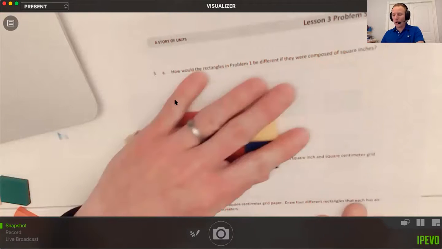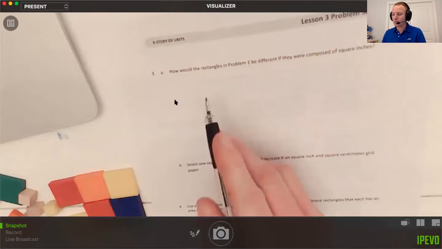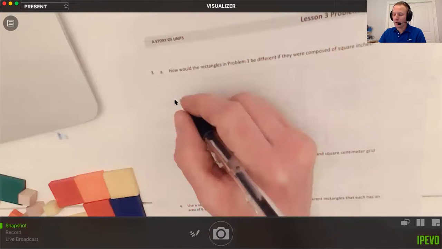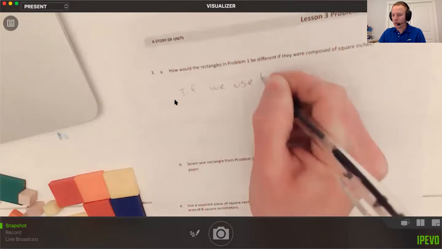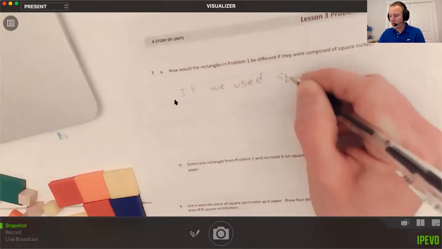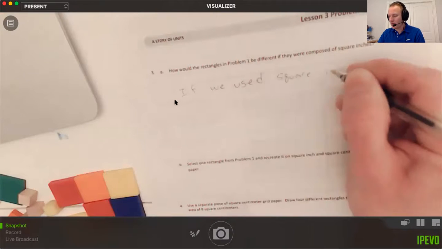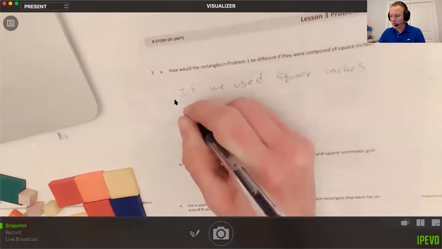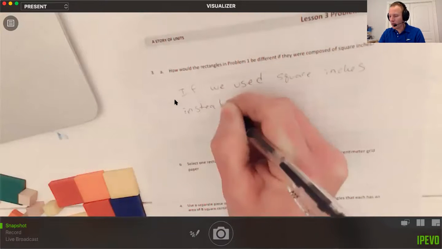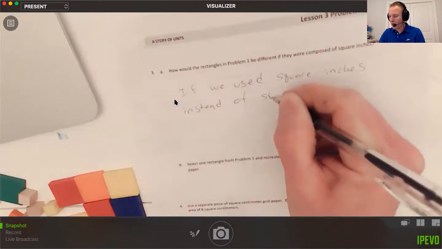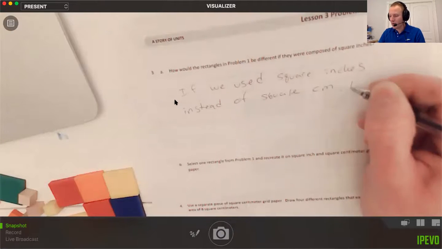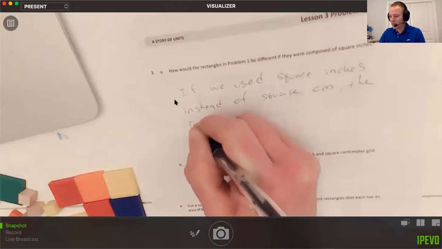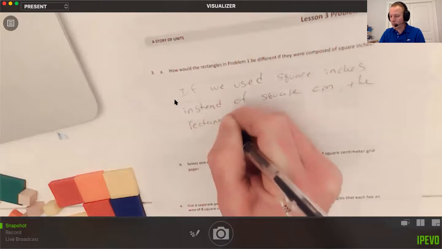So I can move those away and say, if we used square inches instead of square centimeters, the rectangles would be much larger.